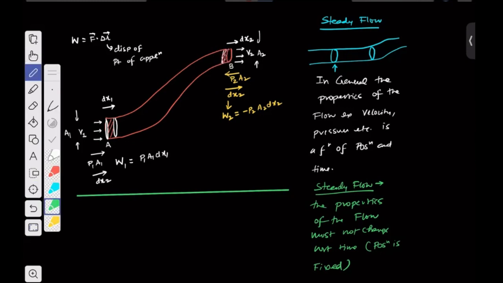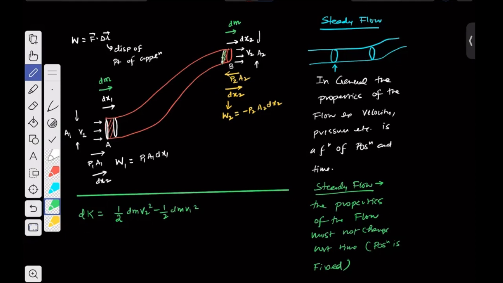So for the change in kinetic energy, whatever mass enters, the same mass must be going out as well. So the change in kinetic energy will be half dm v2 squared minus half dm v1 squared.